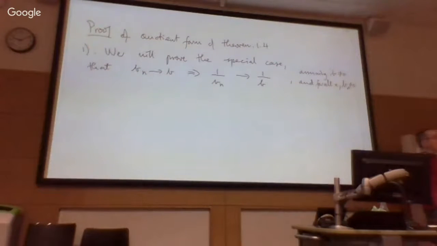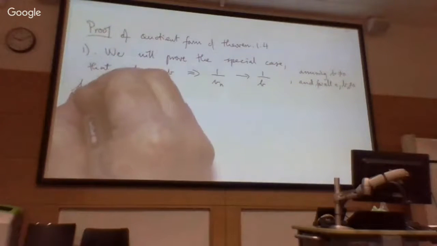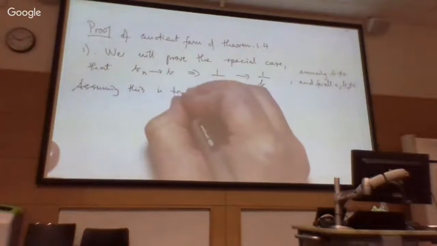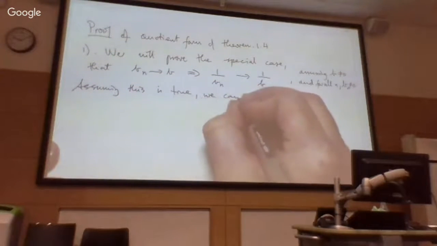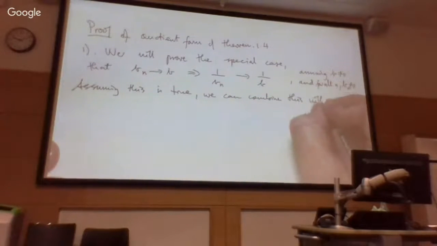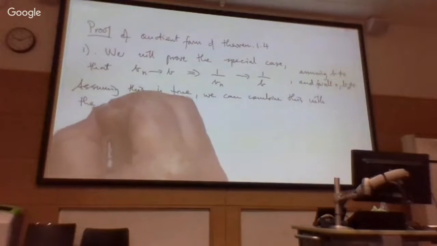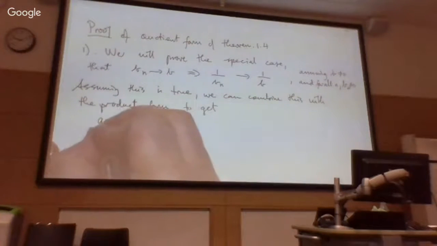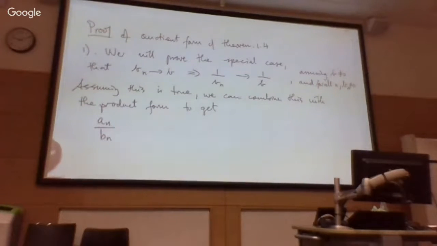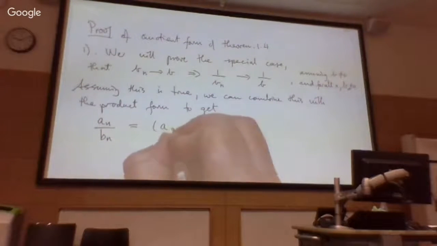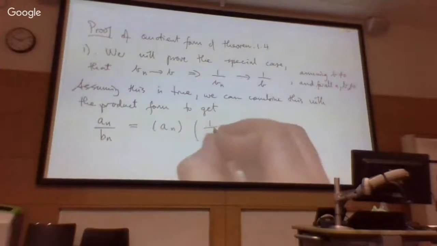Okay? But assuming this is true, we can combine this then with the product form. Well, if I then have to prove that an over bn converges, what does that converge to? Well, I just have to notice that formally I can think of this as the quantity an multiplied by the quantity 1 over bn.